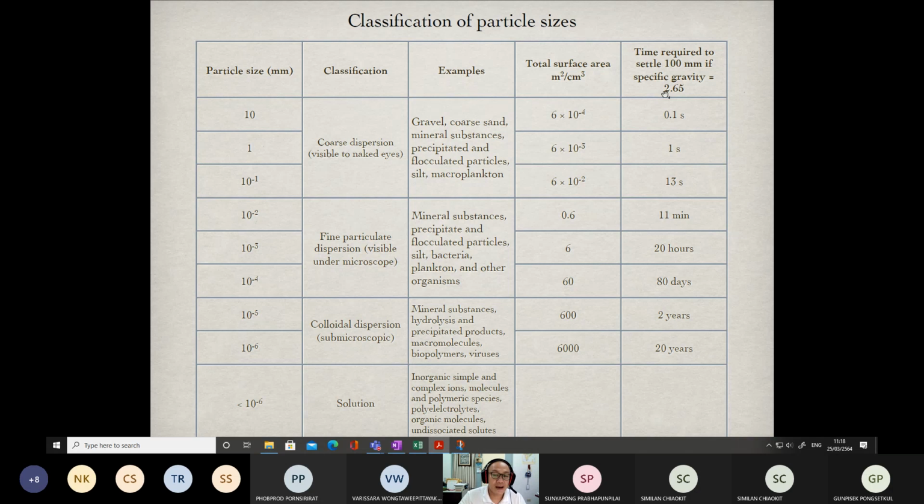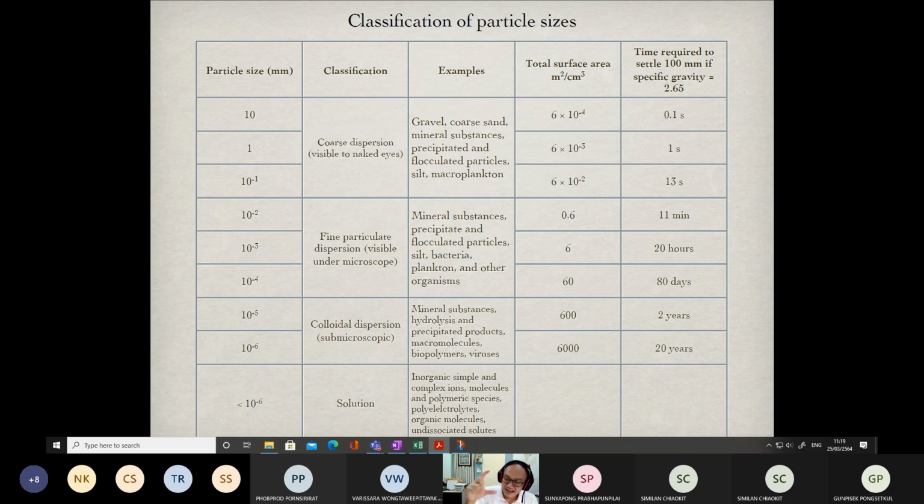So if you compare, when we drop these particles into the water and allow them to settle 100 millimeters, or approximately 10 centimeters, these particles will travel 10 centimeters vertically due to the gravitational attraction. And we are assuming that the specific gravity of these particles is all the same, equal to 2.65.